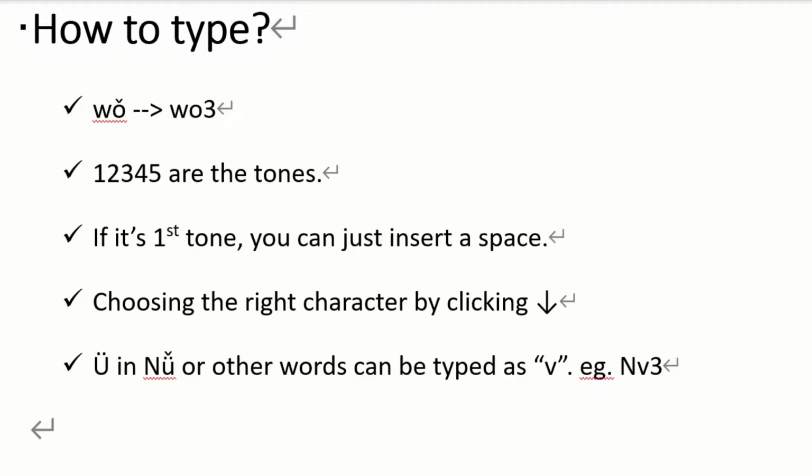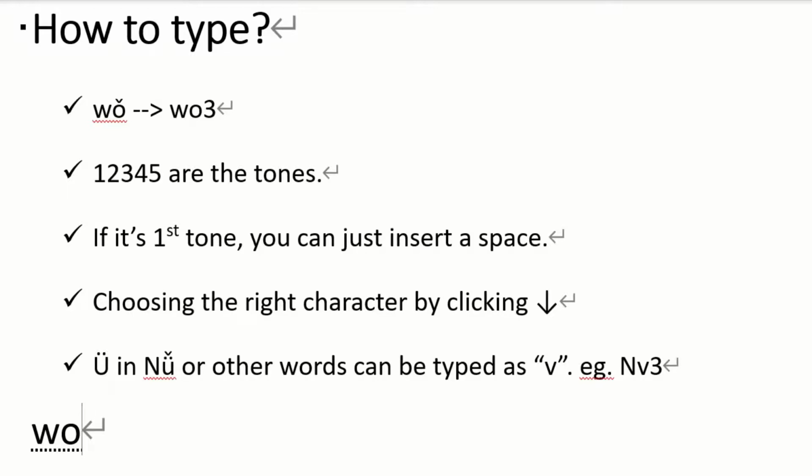So let's try it here. Let's see how to type these characters. 我, I. Let's type W-O. Make sure you type the initial and finals.